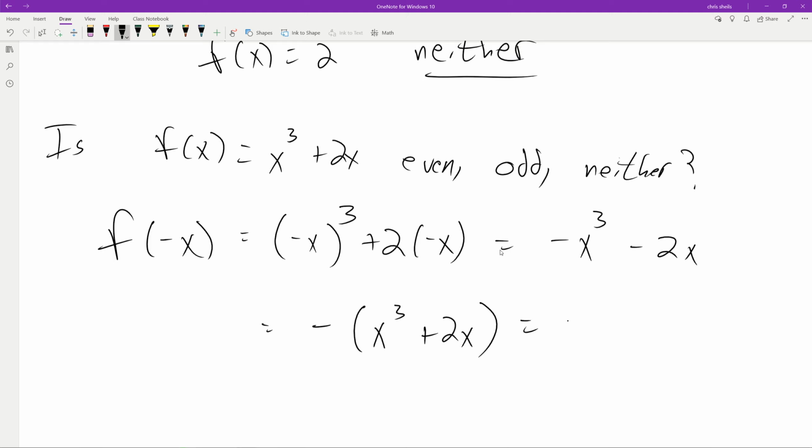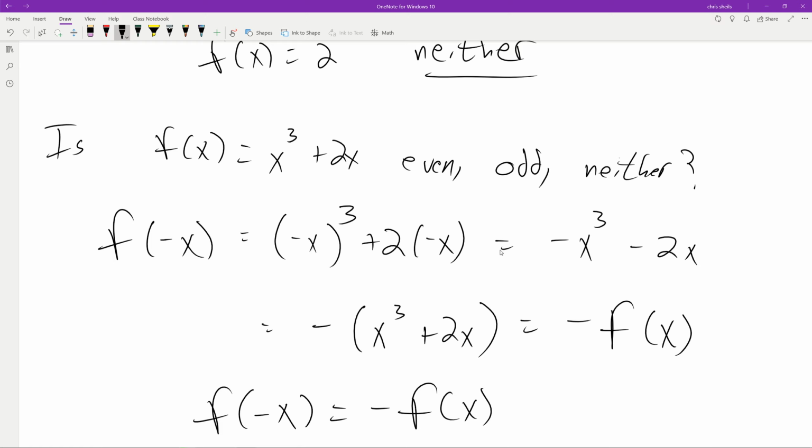And this is just minus f of x, right? Because f of x was x cubed plus 2x. So since f of negative x equals negative f of x, this function is odd. Notice that this also means that with an odd function, performing a horizontal reflection is the same thing as performing a vertical reflection.